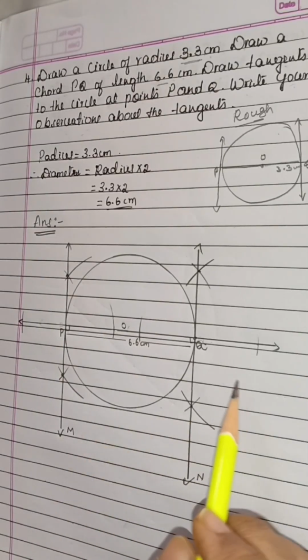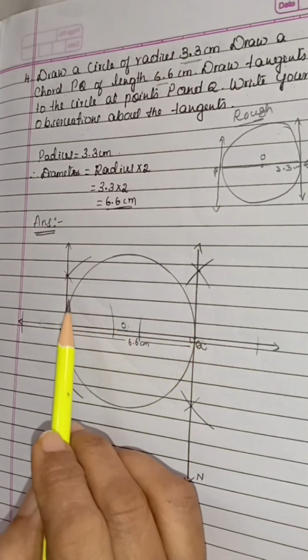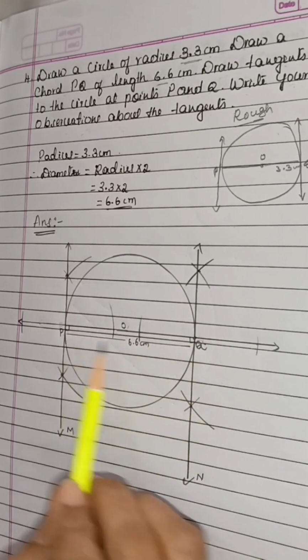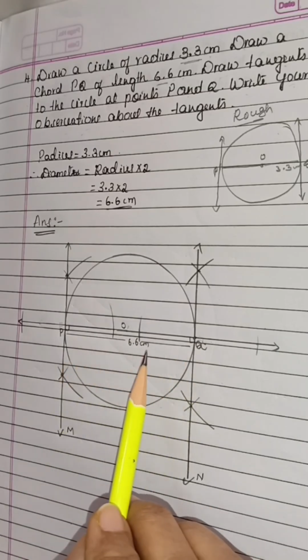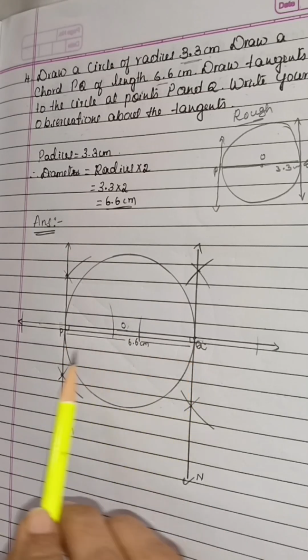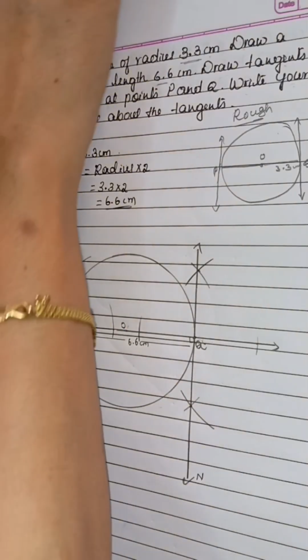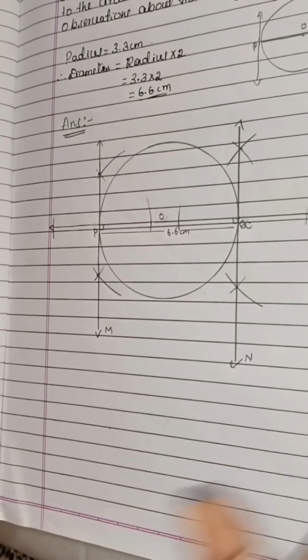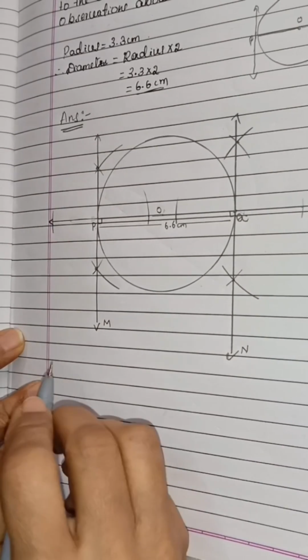Another observation we can say is that the tangents drawn at points P and Q are parallel to each other. Write the observation right here.